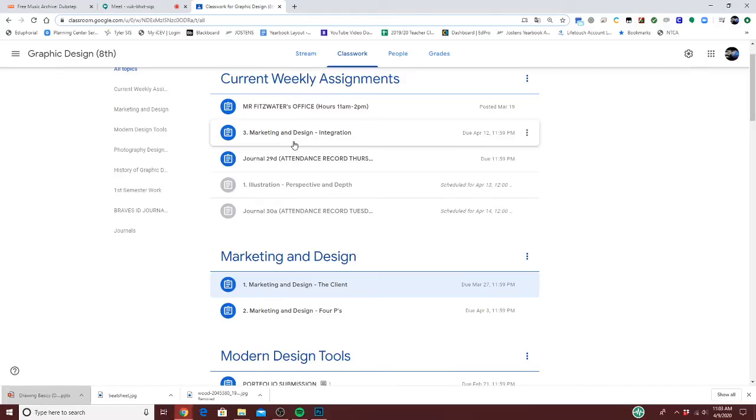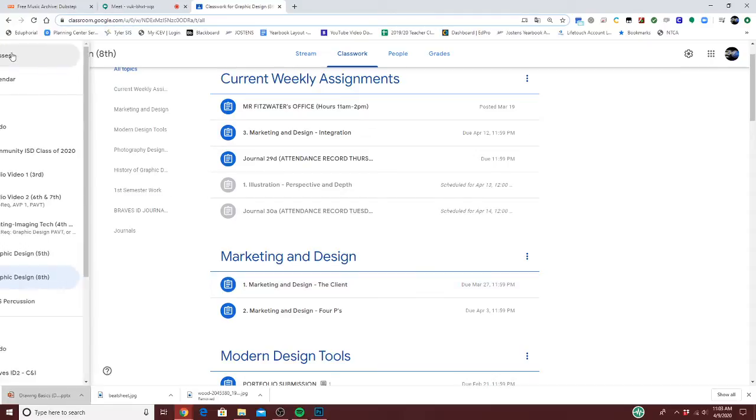They will be empty, which means that they'll probably have an I in them, which means incomplete, which means that you have yet to complete them. And then, of course, when you hit the progress report on the following week, you will not have an I for them anymore. You'll actually have a grade. So that's how we're doing that.